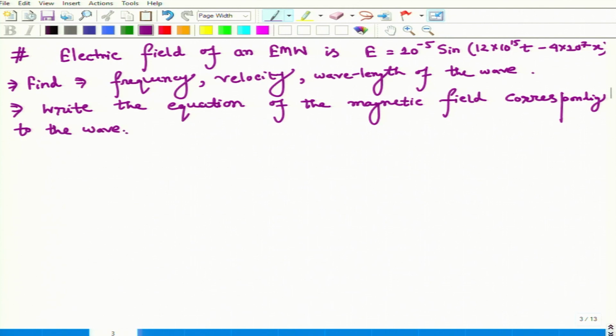So these are two questions. First, they have given this electric field. We have already discussed several times that we can write E is equal to E0 sine omega t minus kx.